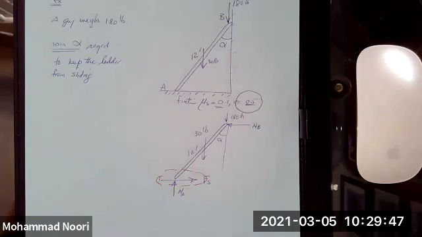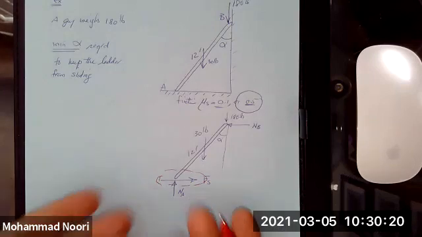You say, if this object potentially moves, what direction is it going to move? And the force of friction is always opposed to the direction of motion. That's it. The other thing is that in many of these problems, you do not have to find all the unknown forces. You're asked specifically to find a certain number of unknowns. With that said, this is it.